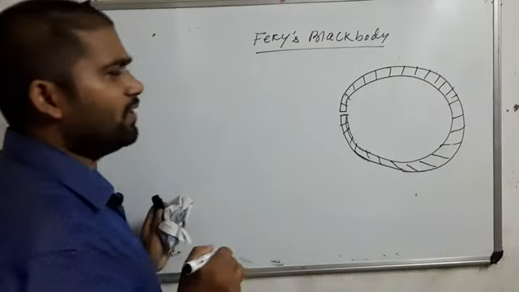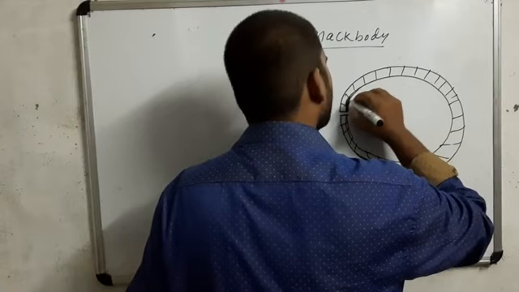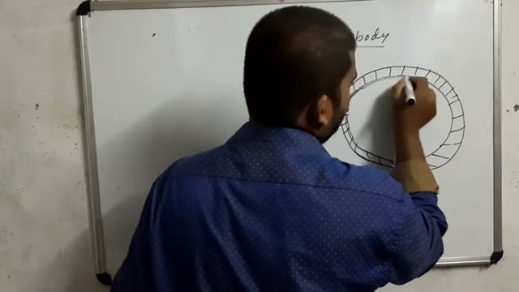So this is a double-walled hollow copper sphere with its inner surface coated with lamp black.